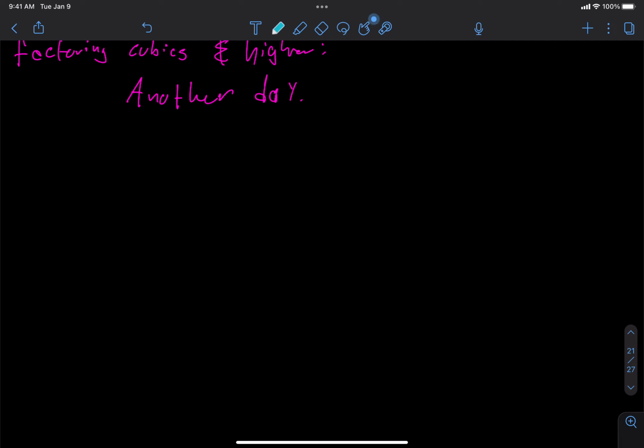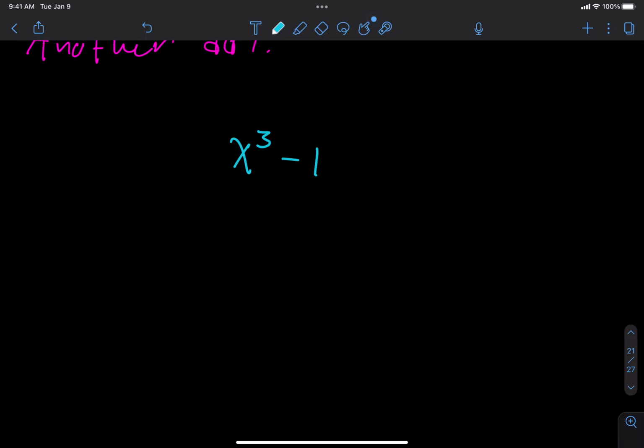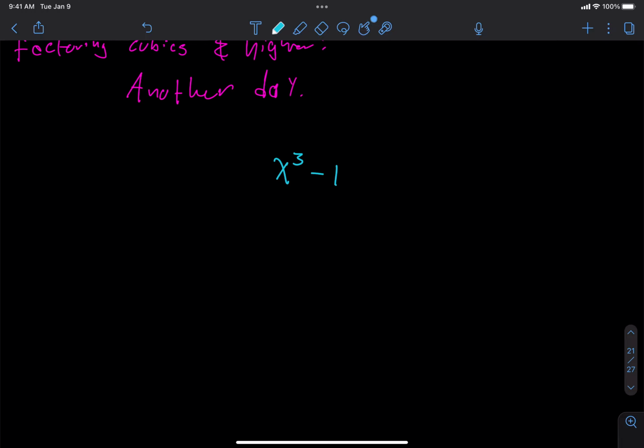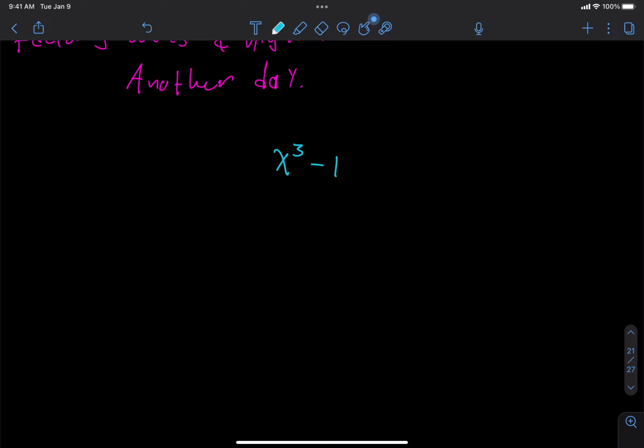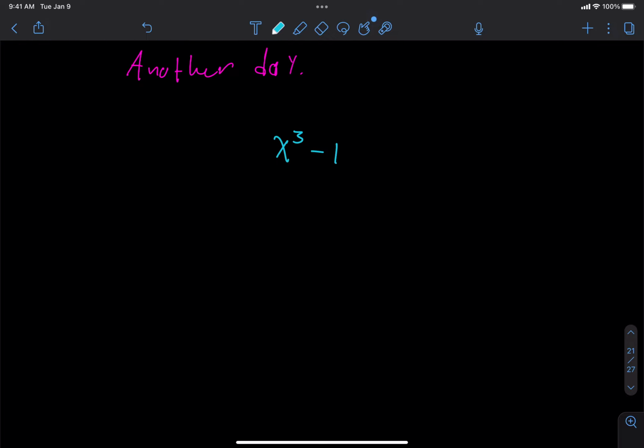So if you've seen before something like x cubed minus 1, and you want to know how to factor it, well, what you do is you can use the special formula or whatever, which I don't really think is worth memorizing. What I do think is worth knowing how to do is long division. And the first thing that you can see is that 1 is clearly a root of this polynomial.